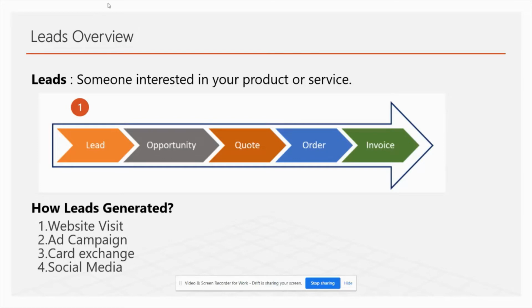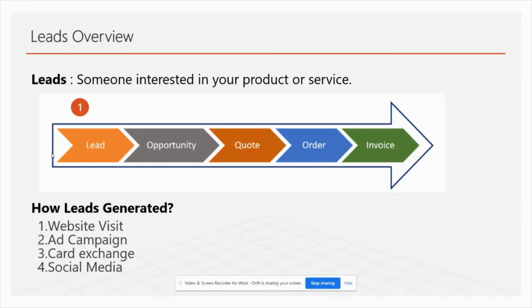So this is the typical life cycle of sales. First is the leads module. After that, the opportunities, quote, order, invoice, and the sales process will be complete. I hope you got an idea of what is meant by a lead.